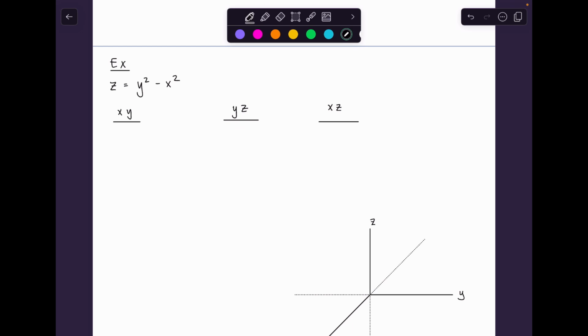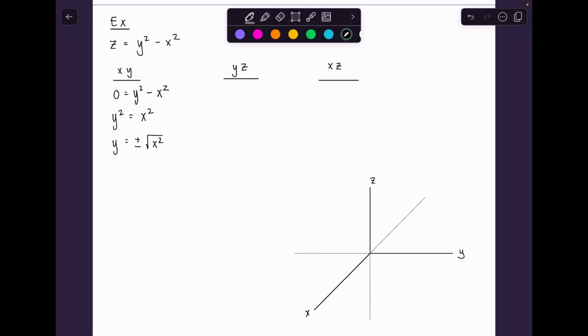So if I do the xy trace, this gives me 0 is equal to y squared minus x squared. Moving the x squared over and just putting y squared first, this is the same as y squared equals x squared. Taking a square root, remember you get a plus or minus.